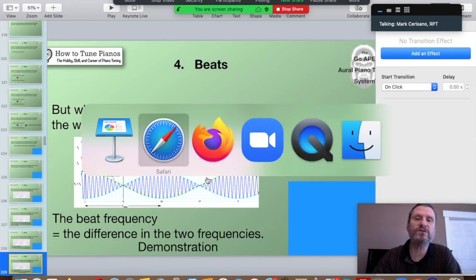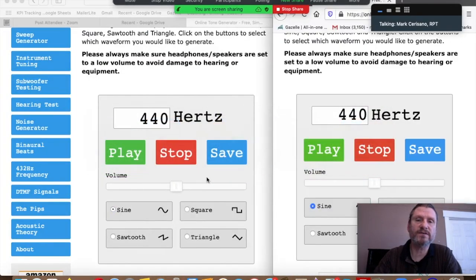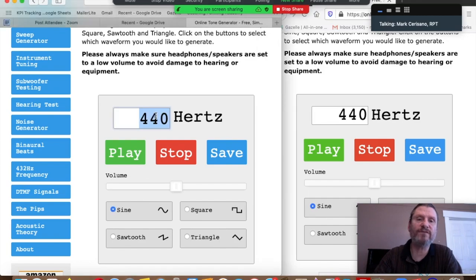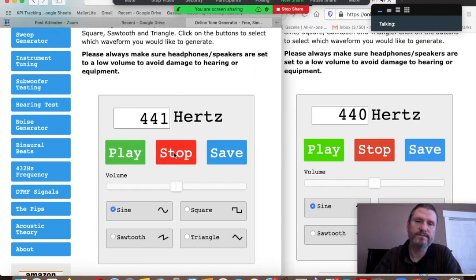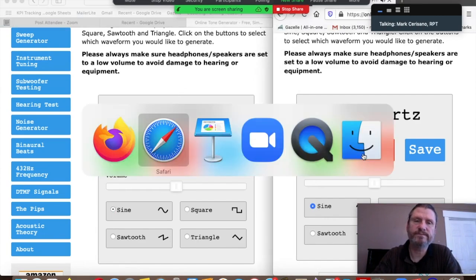So using those two generators, we can demonstrate by putting one at 440 hertz. And now the resulting beat will be 1 hertz. And that's a beat. Simple as that. Pretty basic.